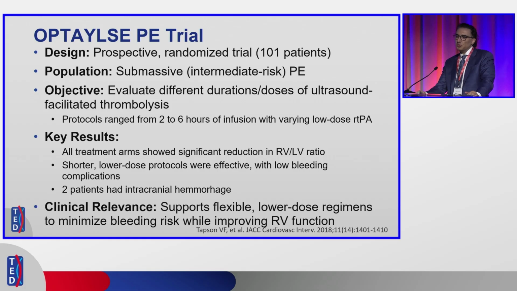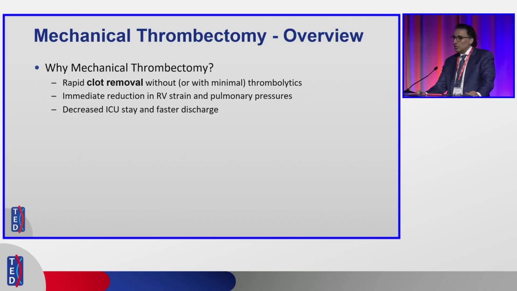One was attributed to the lytic itself. And so again, it supports the use of lytic catheters, including lower dose infusion regimens. But putting a lytic catheter in still has a risk of bleeding, including intracranial hemorrhage, and an ICU stay for monitoring.